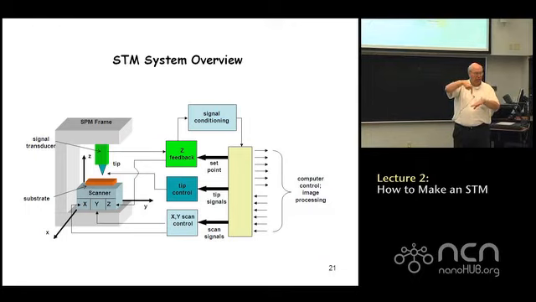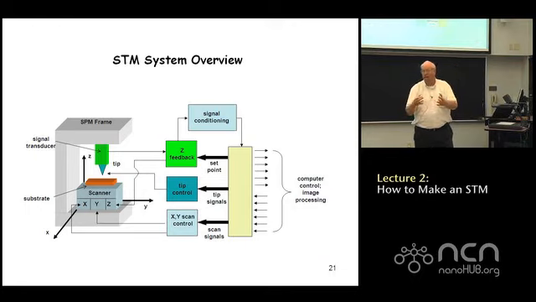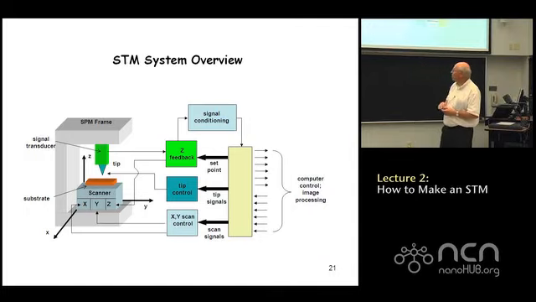And then there has to be some sort of feedback circuit which takes the tunnel current, recorded in volts by the current to voltage converter, and compares that voltage to a set voltage, allowing the feedback circuit to maintain this constant tunnel current. That's called the Z feedback. So these are the three essential electronic controls that you need to build if you want to make a scanning tunneling microscope.